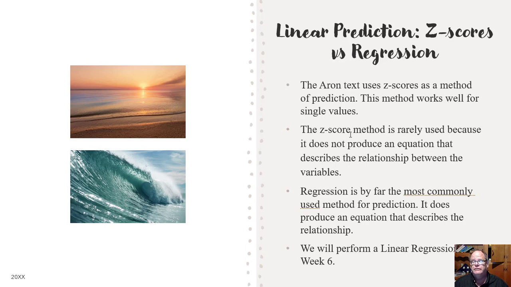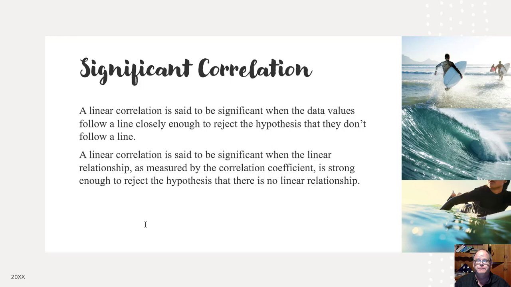However, the z-score method is rarely used because it does not produce an equation that describes the relationship between the variables. Regression is by far the most commonly used method for prediction, and it does produce an equation that describes the relationship. Later, week 6, next week, we will perform a linear regression. This week, we're doing a linear correlation.